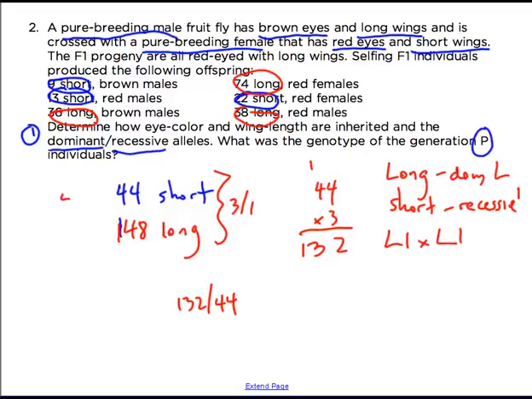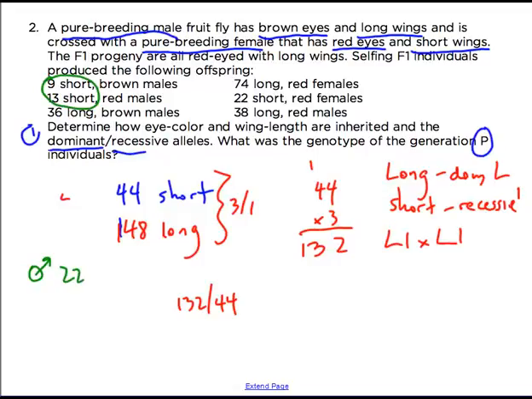Now, do you think it's sex-linked? And the way to know that is now to look at all the males and say, out of all the males, how many were short? So it's 22, just for the males now.